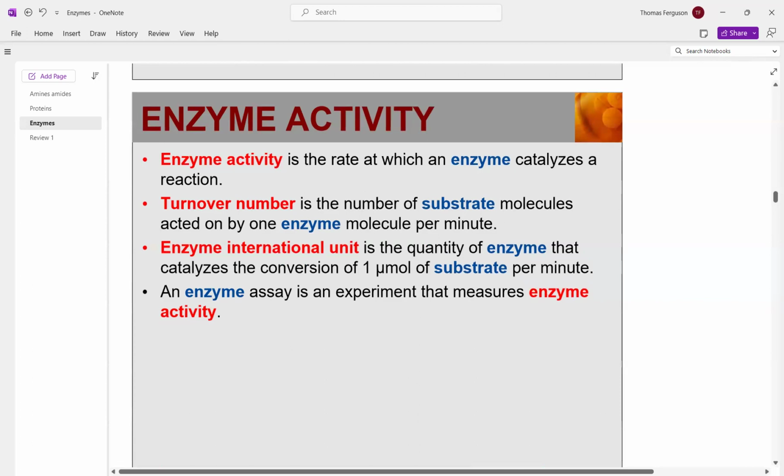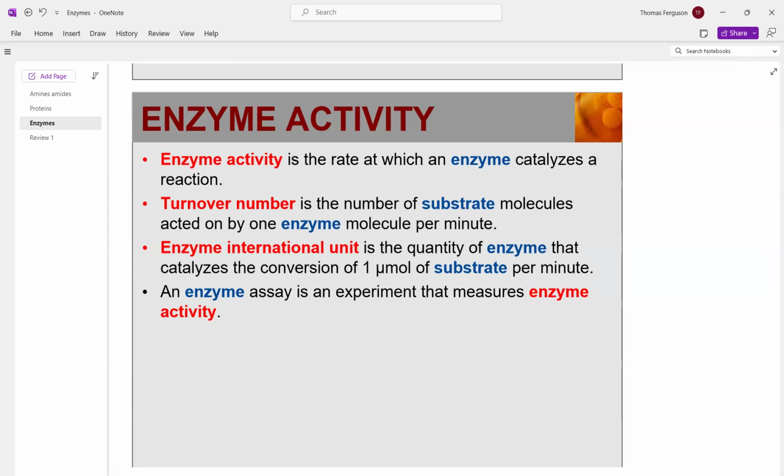Okay, there are some terms when we talk about enzyme kinetics. Activity. That's how fast an enzyme will turn over a reaction. This varies widely. Each enzyme is very different in how fast it operates. It depends on many, many factors.